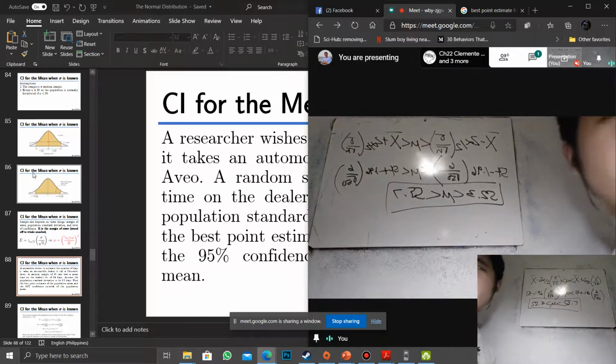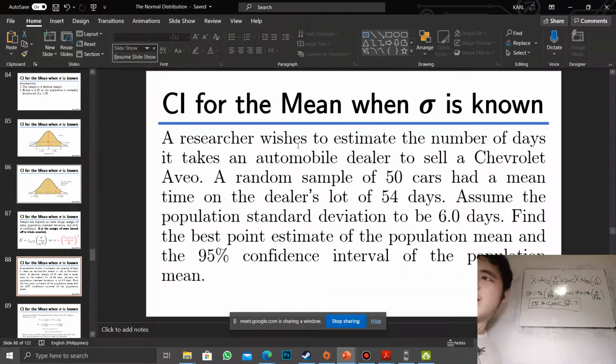The best point estimate of the population mean is the sample mean. So, best point estimate, BPE, equals to 54. No? Yan.